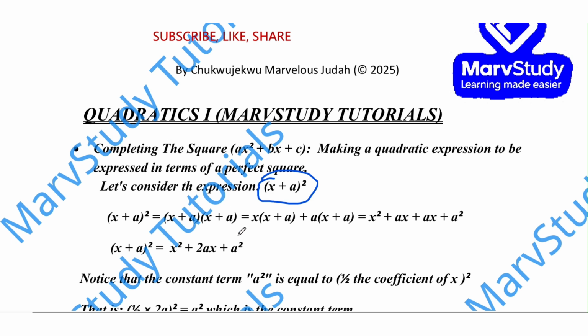The coefficient of x in this expression is 2a, and half of this coefficient is a. When we square that, it equals the constant term, a squared. That is the main thing here.